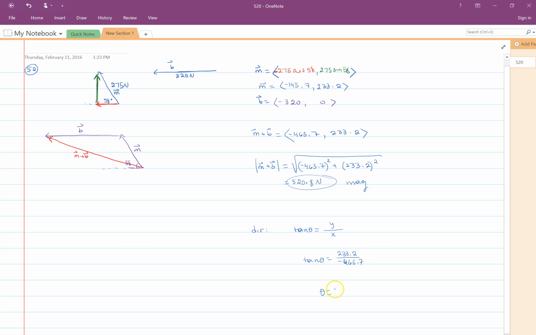And theta is the inverse tangent of all of that. Okay? And now, what does that give you? 53.3 degrees, you're sure? Oh, whoops, not there. But does that make sense?